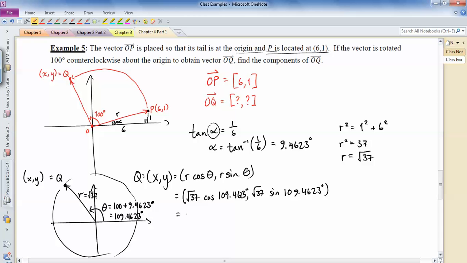If you work this out, you get x is negative 2.027 and y is 5.735. Since the question asks for the vector OQ, this is just the location of Q, and we know that O is at 0, 0. So in order to get from O to Q, you go backwards 2.027 and up 5.735. You would write OQ equals, using brackets for vector notation, negative 2.027, 5.735.